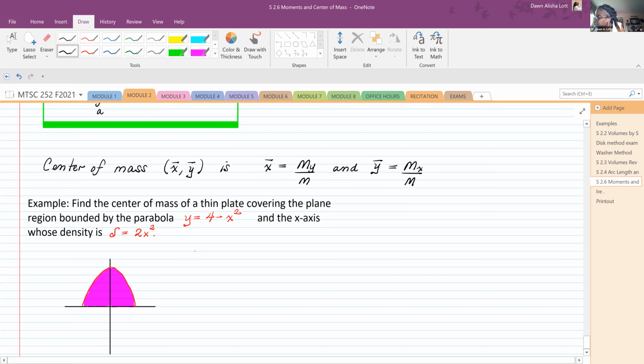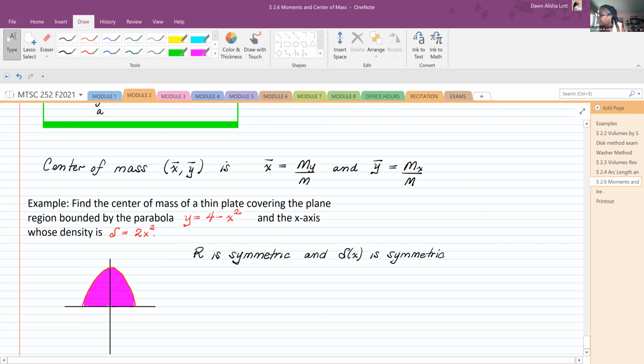So this region R is symmetric, and its density is symmetric.